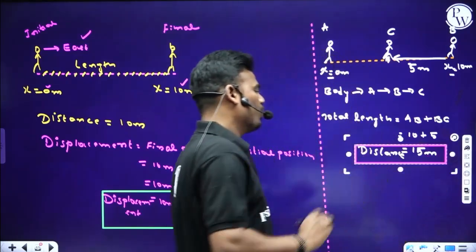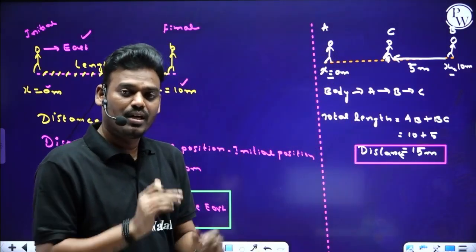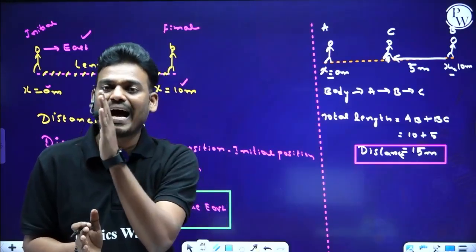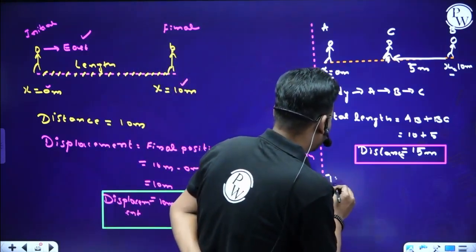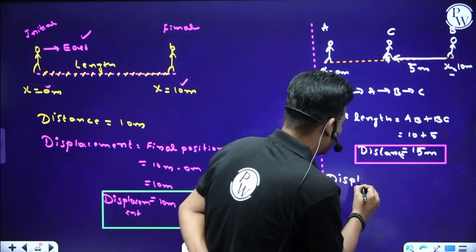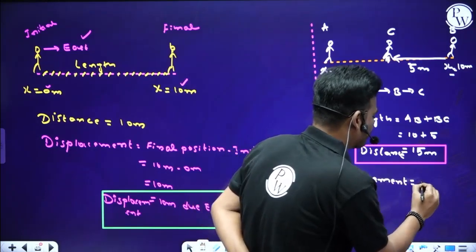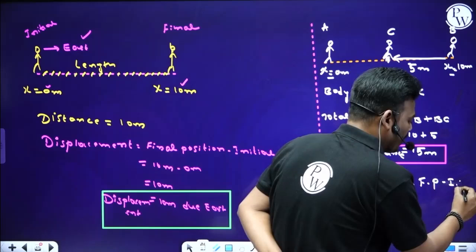Now, what is the displacement? According to the definition, it is the shortest distance between final position and initial position. Let's consider FP, final position, and IP, initial position.